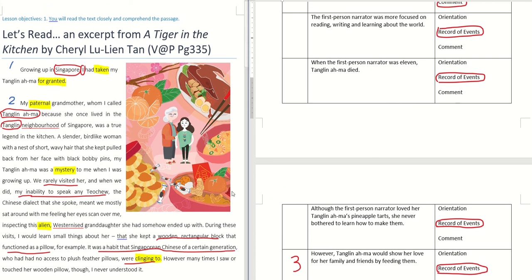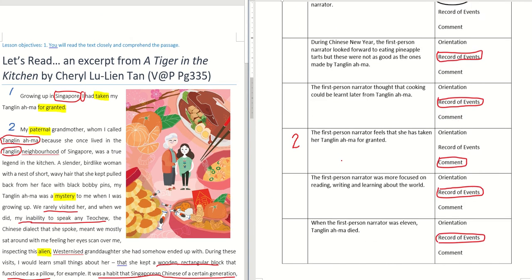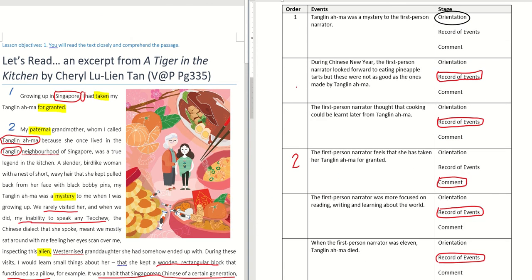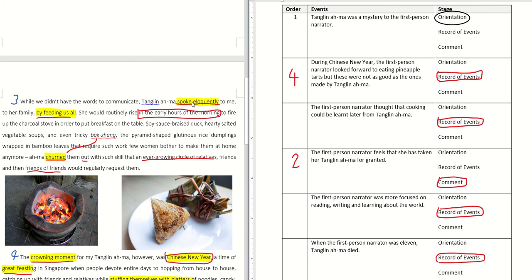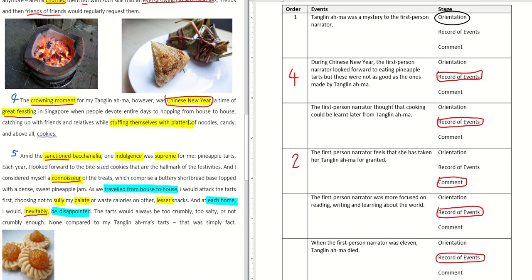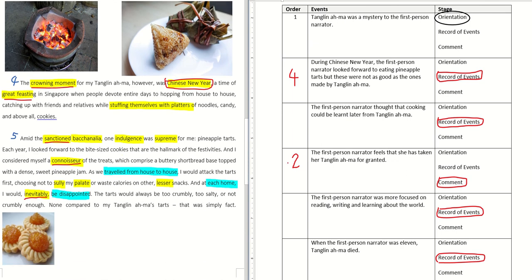And the next one would be 3, 4. Look forward to Chinese New Year, but they're not as good. Okay, they're as good, right?